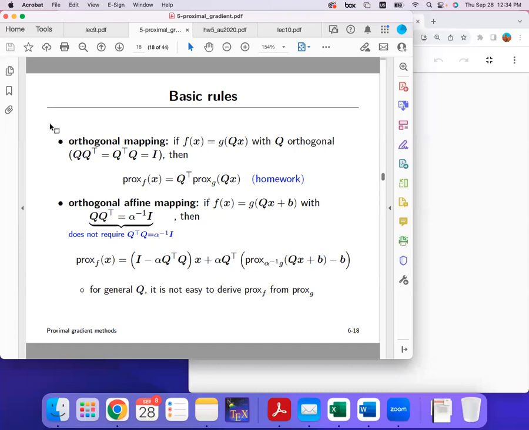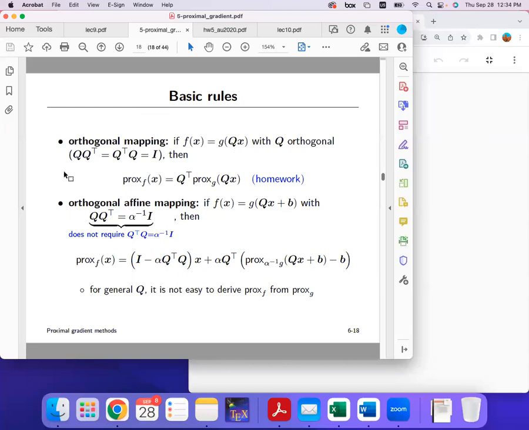And these are some additional properties. We are looking at f(x), which is the g function composed with an affine transformation, g of Q times x, where Q is an orthogonal matrix. For such a case, the proximal mapping of f is Q transpose times the proximal mapping of g evaluated at Qx.